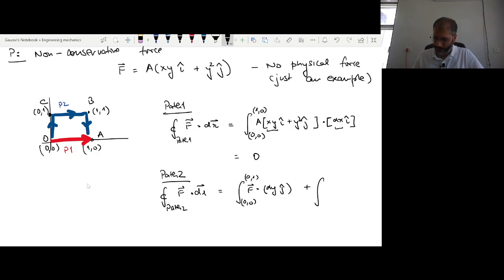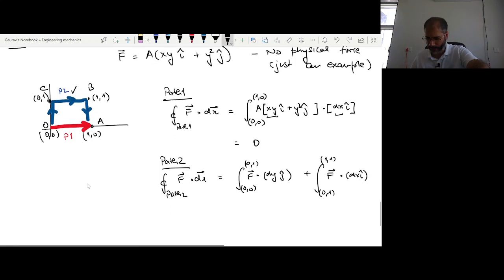Plus the second integral is along this line. So this becomes from (0, 1) to (1, 1) of F dot dr, and again dr in this case is along the i hat.